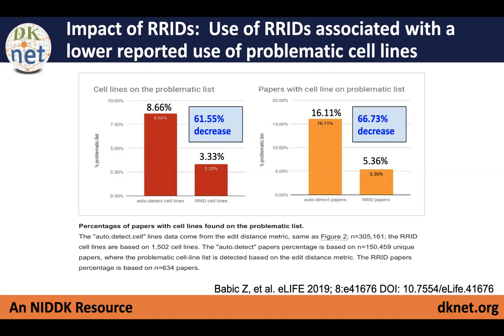Now, that doesn't say that the RRIDs caused those cell lines not to be used, but potentially, what this does is authors become more aware of issues with the cell lines.